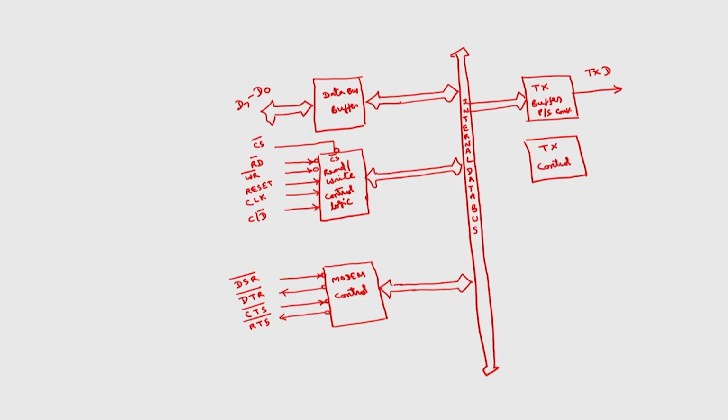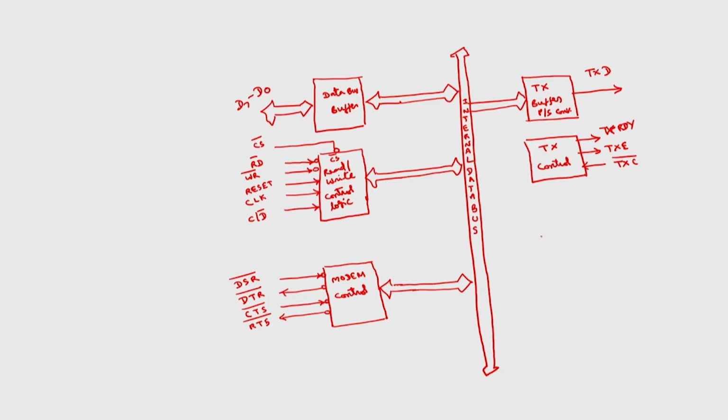We have 3 control signals corresponding to the transmitter. One is transmit ready, TXRDY: whenever the transmitter is ready, it will inform the device through this signal. If the transmitter is empty, this will be indicated through another signal called transmit empty. Then the transmitter will have a clock, the transmitter clock, which decides the rate of transmission. This is an active low signal.